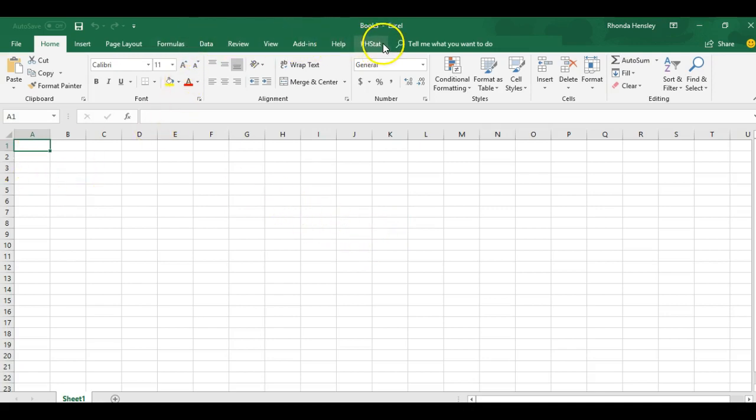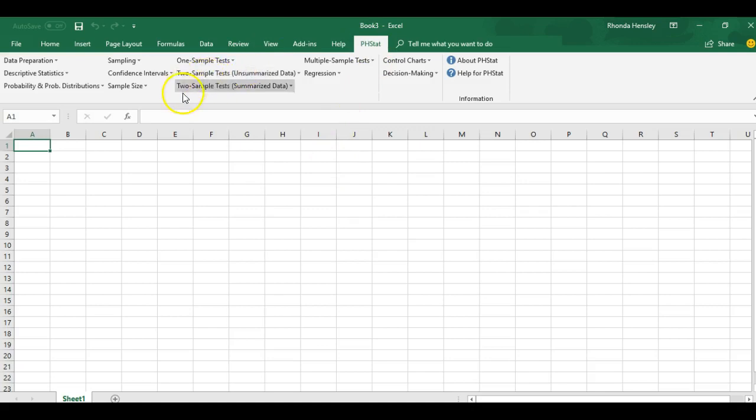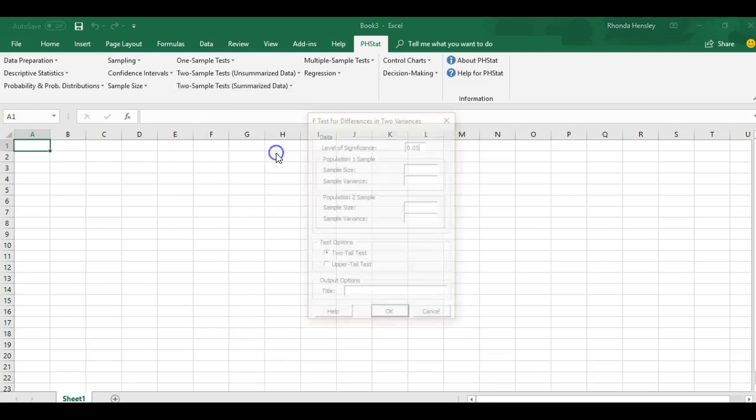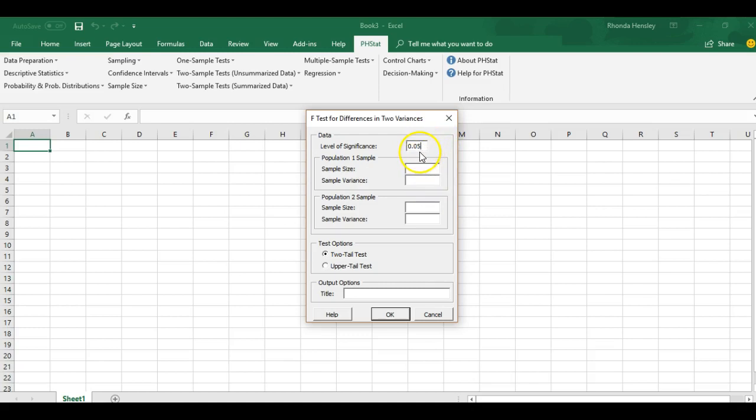So what we do is we go to PHStat, pick two samples, summarized data, and this is my F test for differences in two variances. My level of significance is 0.05. For my first population, which is lunchtime, we have a sample size of 25 and a variance of 4.4 minutes.